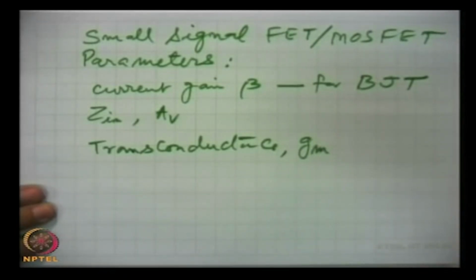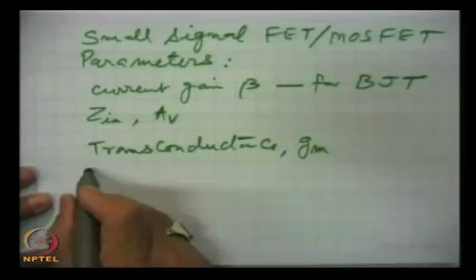So, GM, transconductance parameter, is the most important parameter for a junction field effect transistor or for MOSFET. And first we will define it, and then we will go for other small signal parameters. So, transconductance GM.